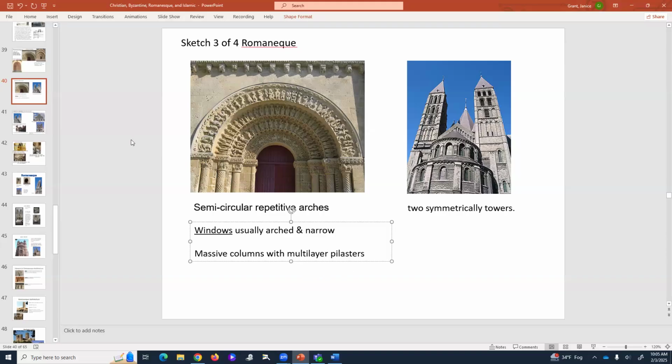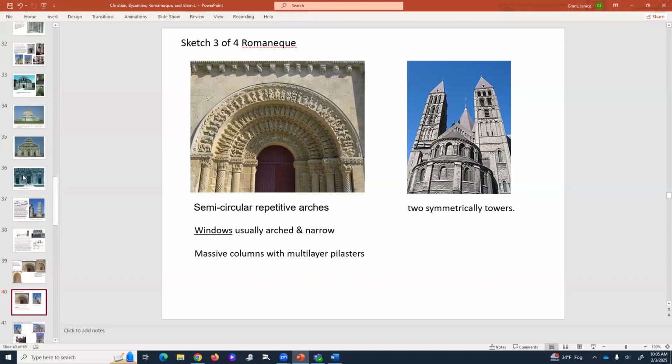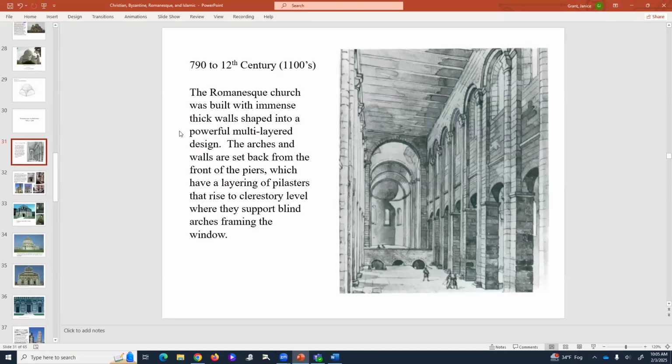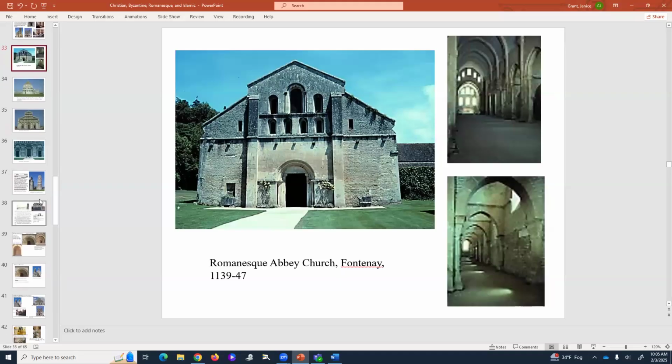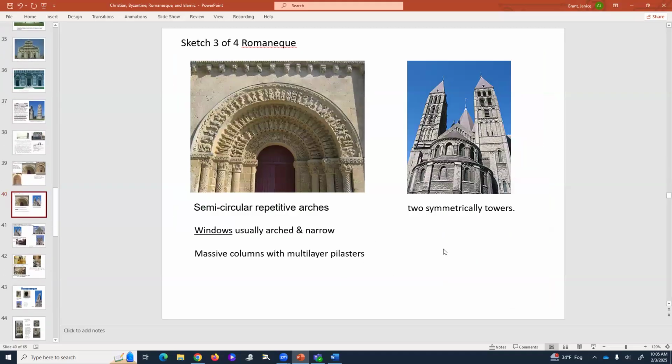That's not something that you would need to draw, but it is going back to this picture right here. The thick columns and the layering of the pilasters. This is a good example of it right here. If we can get a sketch in there, that might be nice.